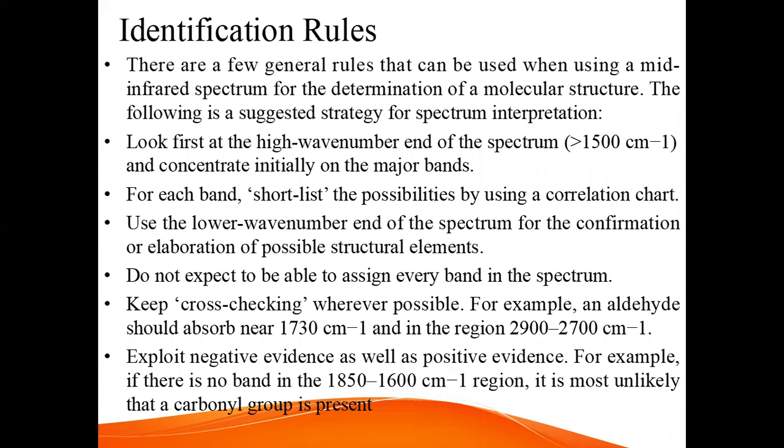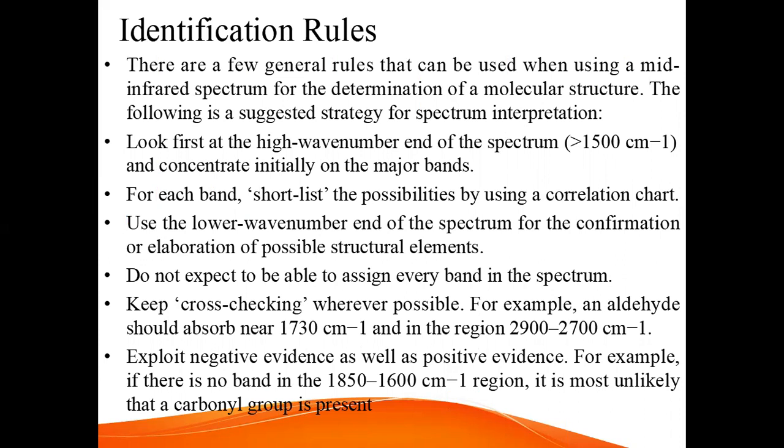For each band, shortlist the possibilities by using a correlation chart. Use the lower wave number end of the spectrum for the confirmation or elaboration of possible structural elements. Do not expect to be able to assign every band in the spectrum.